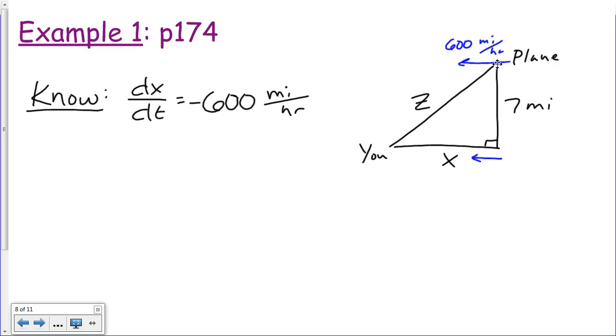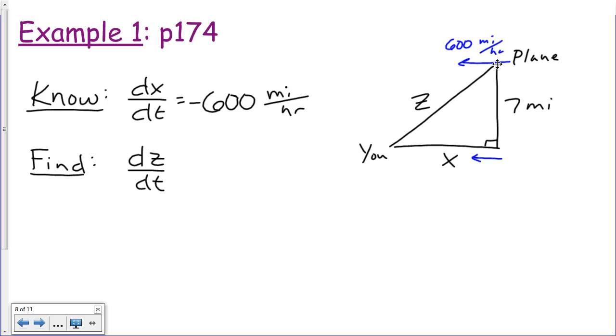All right. Now as far as what we're trying to find, read part A again. It says, write an equation for the rate of change of the line of sight distance z. So we're trying to find the rate of change of z. That's dz/dt. And they say to do that in terms of the horizontal displacement x.